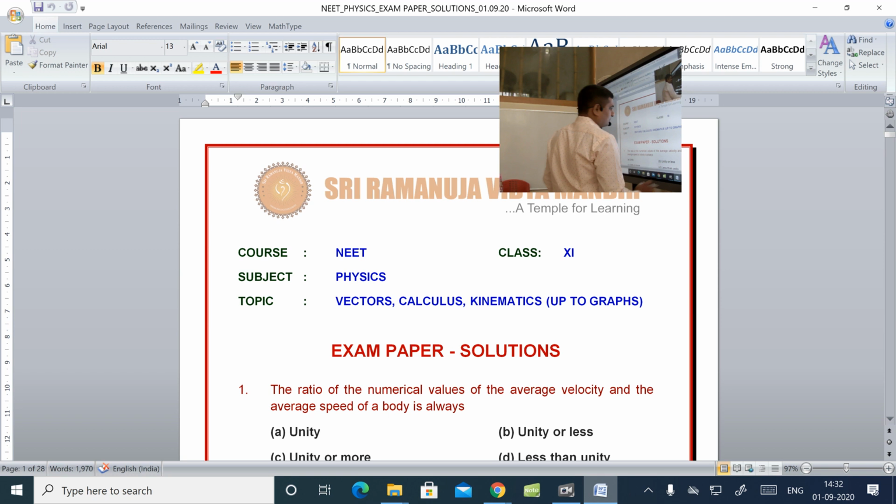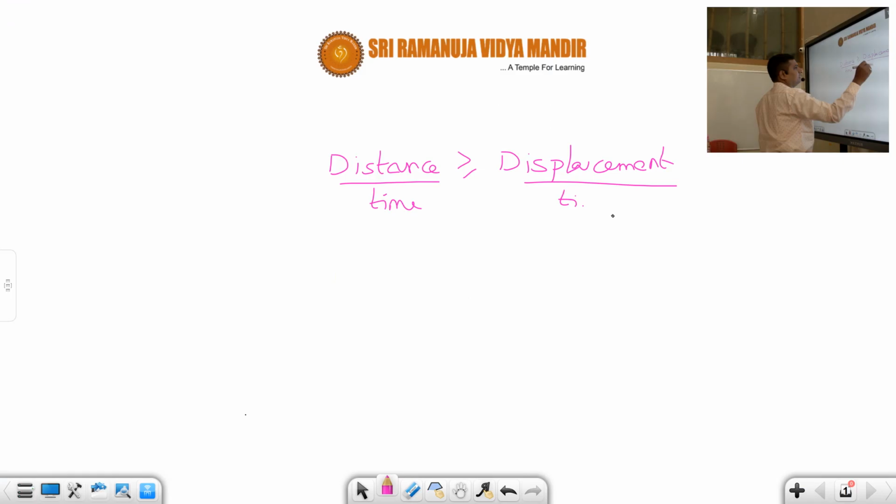Now when you divide by time on both sides, you will get speed and velocity. So speed is always greater than or equal to velocity. It can be either instantaneous speed or average speed, whatever it may be.